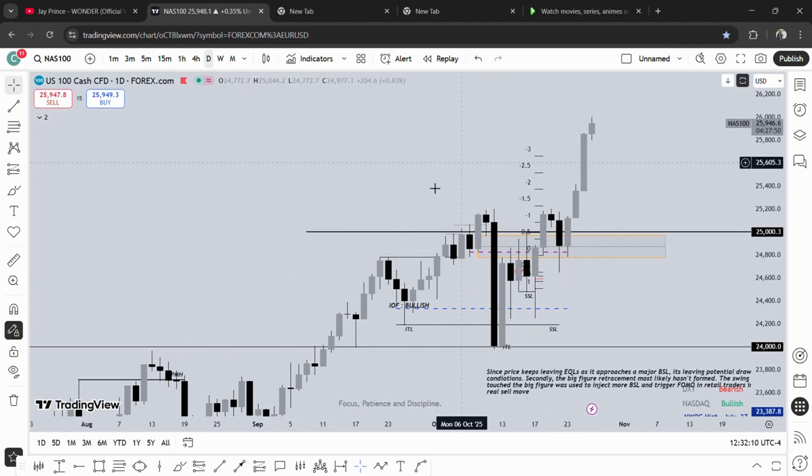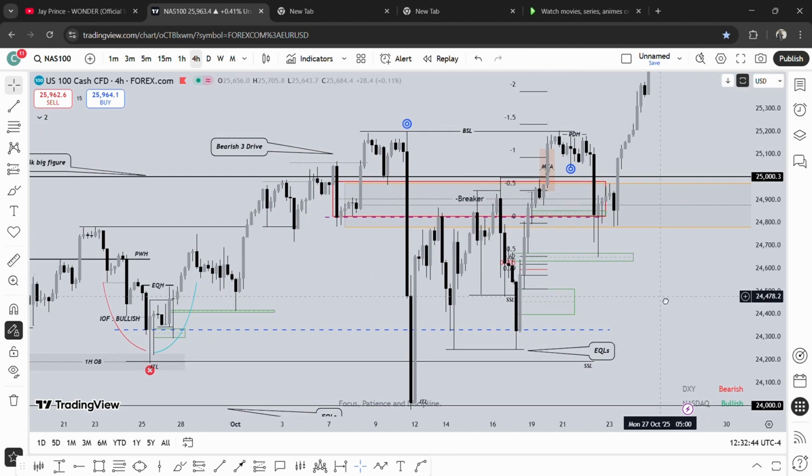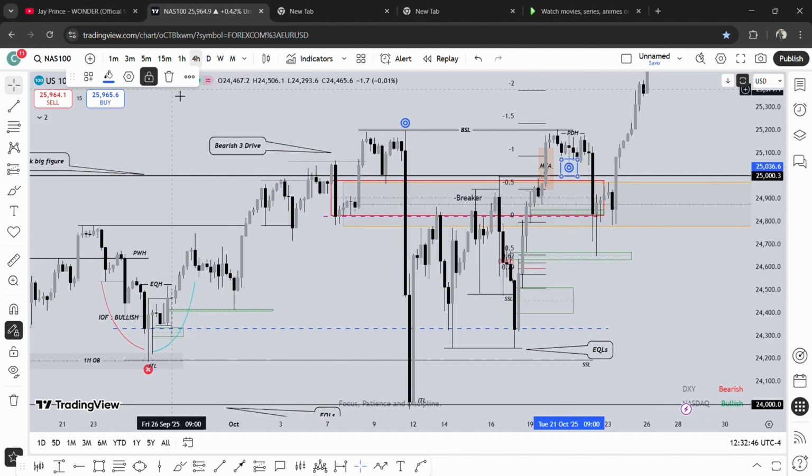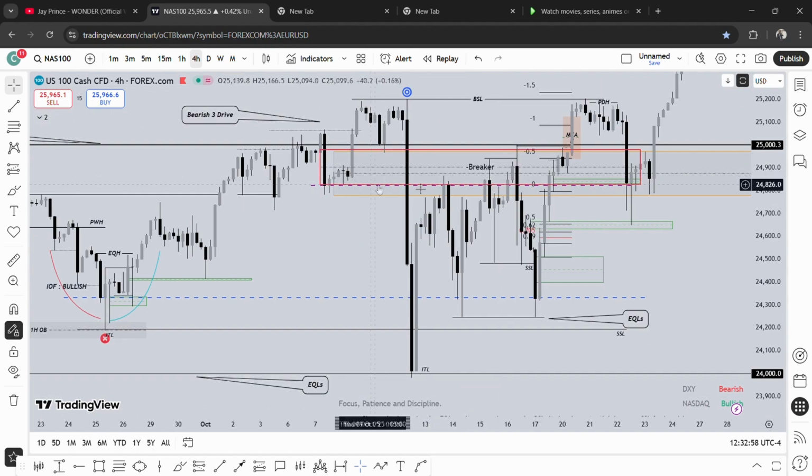So I was looking at this, and then I went into my 4-hour time frame. There's more detail to what we were seeing on the daily time frame. These levels are very important, and this is our breaker right here. It's a form of resistance level which price had rejected from, and then started trading lower all the way down into this level.